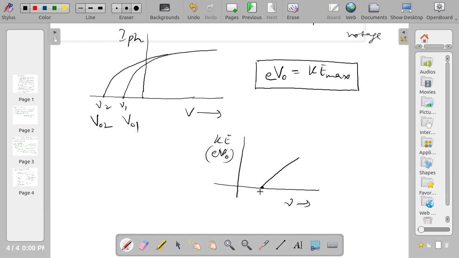But there must be a cutoff frequency, meaning a minimum frequency. If the frequency is less than this, no current will be there.